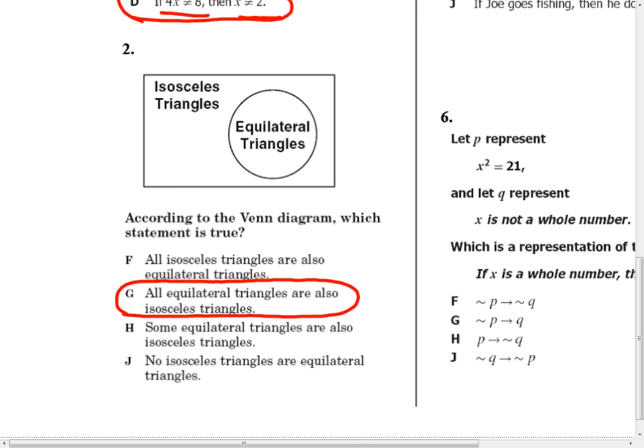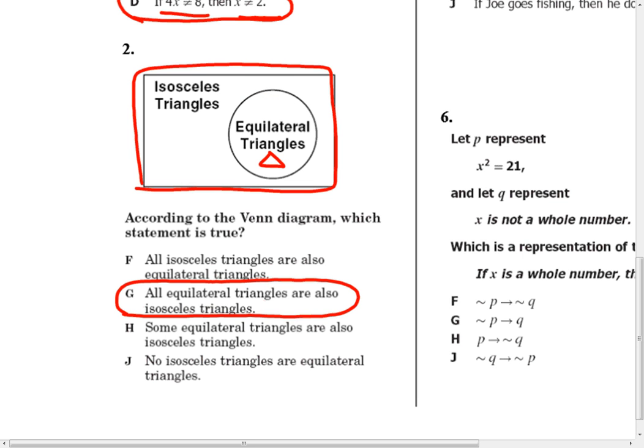If I'm inside here, and I'm an equilateral triangle, am I also inside of the isosceles triangle? Yes. You could also think of it, if you have a set inside of another set, think of this as the hypothesis of an if-then statement. Think of this as the conclusion.